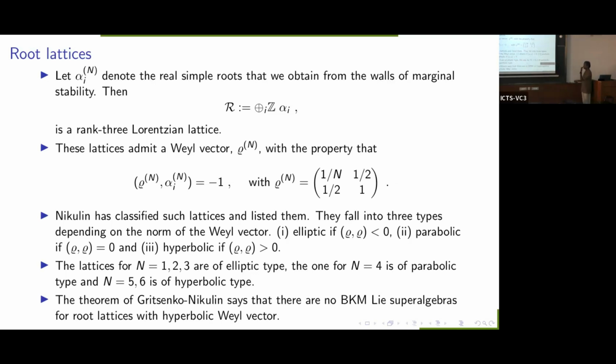Okay, so now I can repeat the theorem of Gritsenko and Nikulin, which says that there are no BKM Lie superalgebras for case 3. And Nikulin did a lot more. Actually, he classified all the lattices. So it's not like there are 3 examples. He has some 60 plus, I don't know the exact number, some 60 odd examples of that.